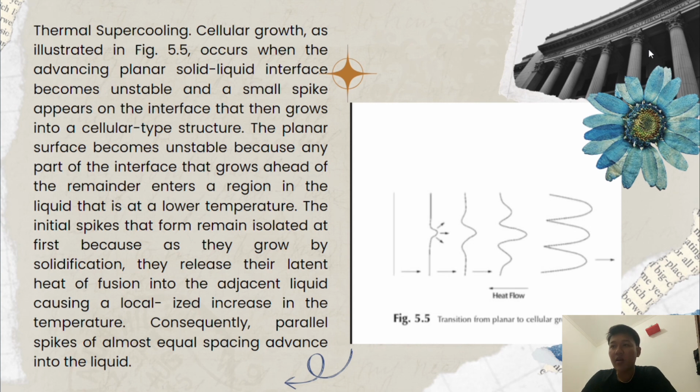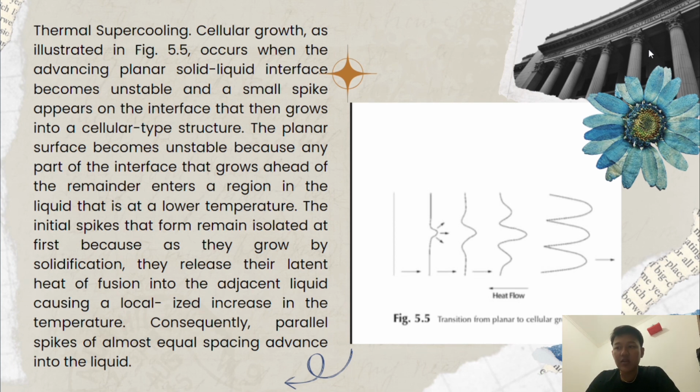Cellular growth occurs when the advancing planar solid-liquid interface becomes unstable, and a small perturbation occurs on the interface that then grows into a cellular type structure. The planar surface becomes unstable because any part of the interface that grows ahead of the remainder enters the region in the liquid that is at a lower temperature.